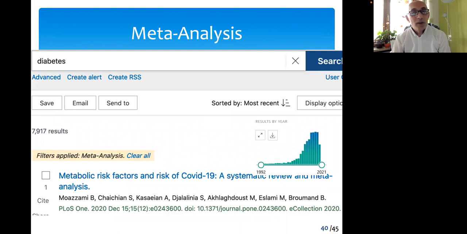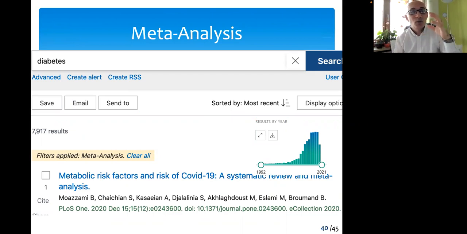Meta-analysis is also one type of systematic review, but the difference is after you collect your evidence, you extract some data from that and you make another analysis. You pool your available evidence and you report a new summary of the findings.